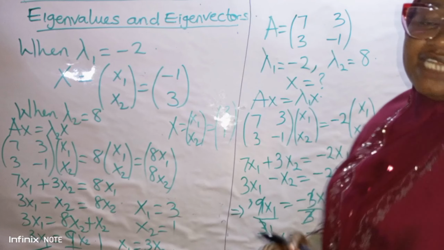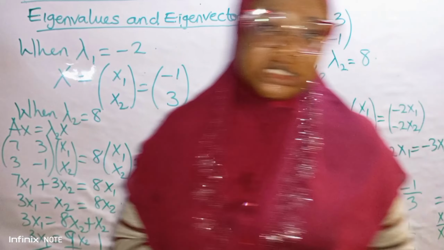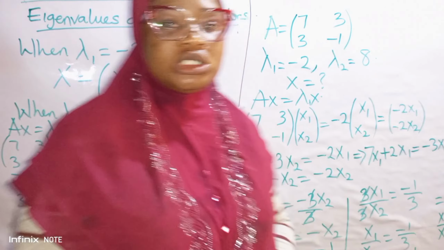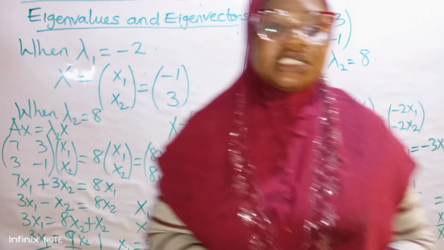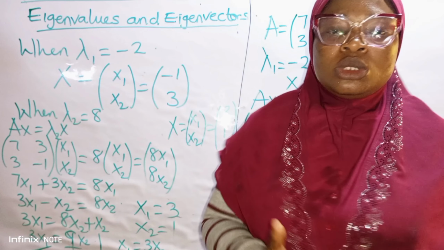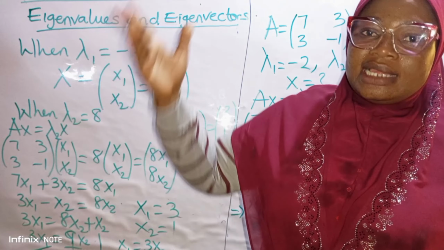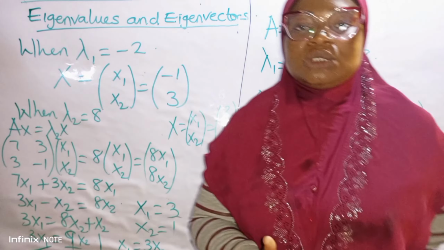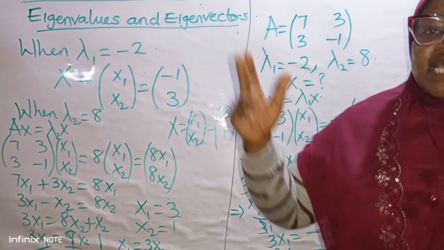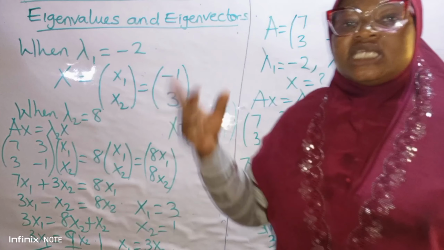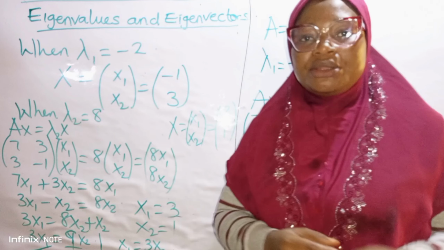So that is how to find eigenvalues and eigenvectors of a square matrix. The first thing is that you multiply the scalar by the identity matrix. Then step 2 is that you now take matrix A minus lambda I. After that, you find the determinant of A minus lambda I. Then you equate the determinant of A minus lambda I to be equal to 0.